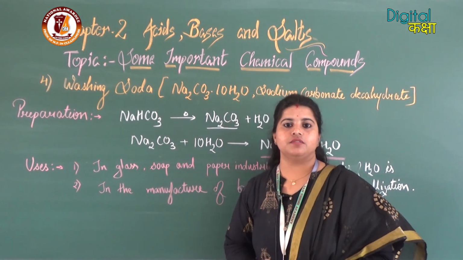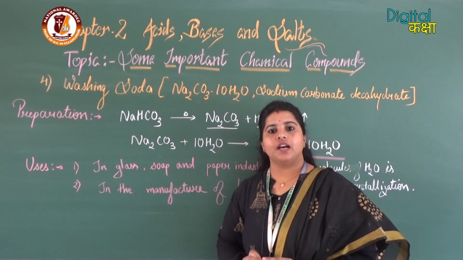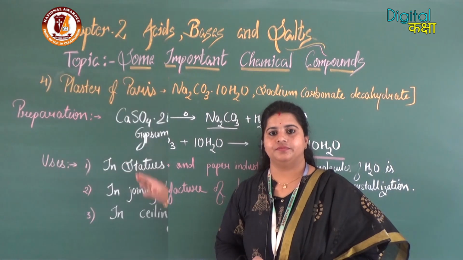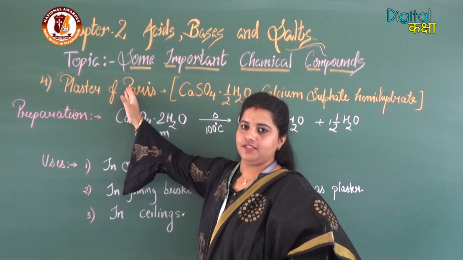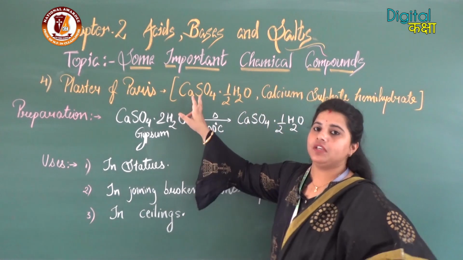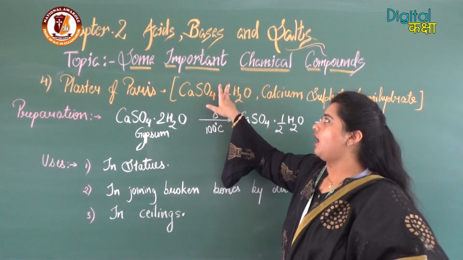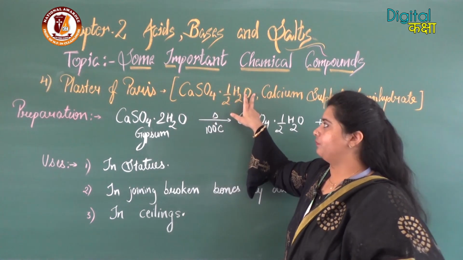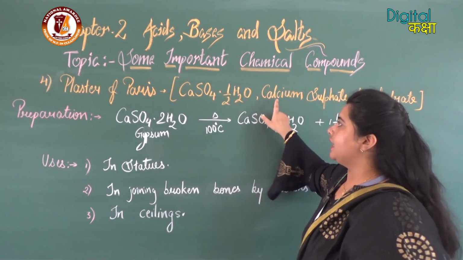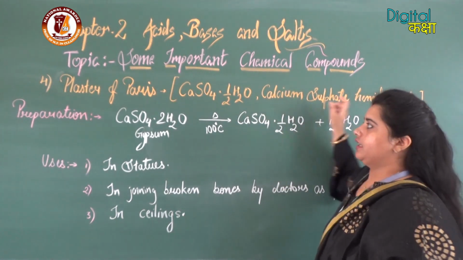After this, we are going to have a last salt, that is plaster of Paris. Plaster of Paris, POP, has chemical formula CaSO4.1/2H2O, which is named calcium sulfate hemihydrate.